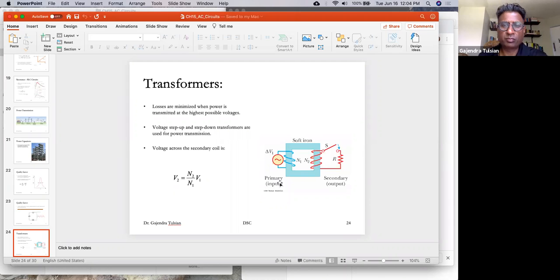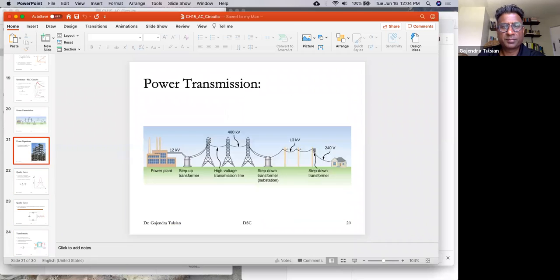All right, going on to another topic, we talked about transformers briefly last chapter. You have step-up transformers and step-down transformers, and they are used for power transmission.